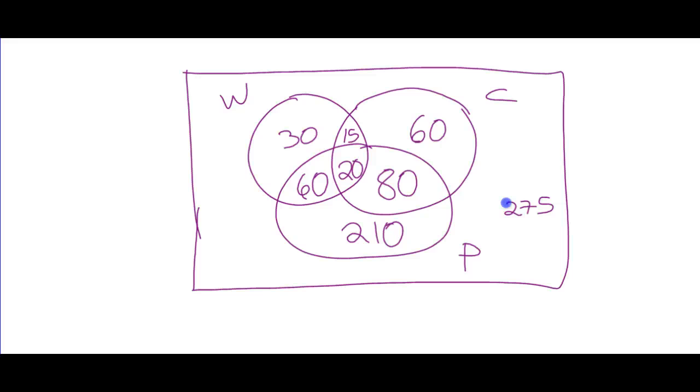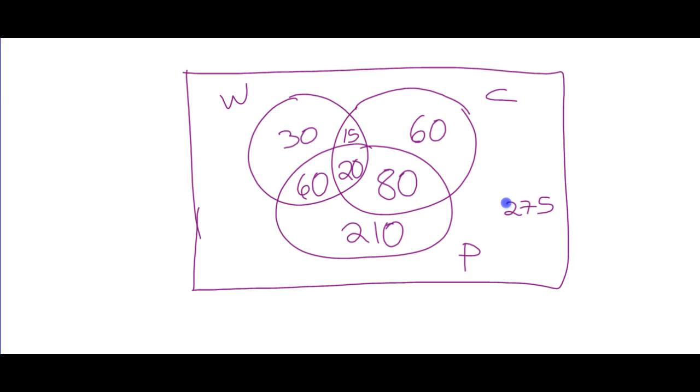Okay, 210, 60, 20, 80, 30, and walk only, 15, 20, 60, and 60 there, yeah. So this is filled in the same as the one in the book. They don't say anything about how many used neither, but I added that in. All right, so good to go.